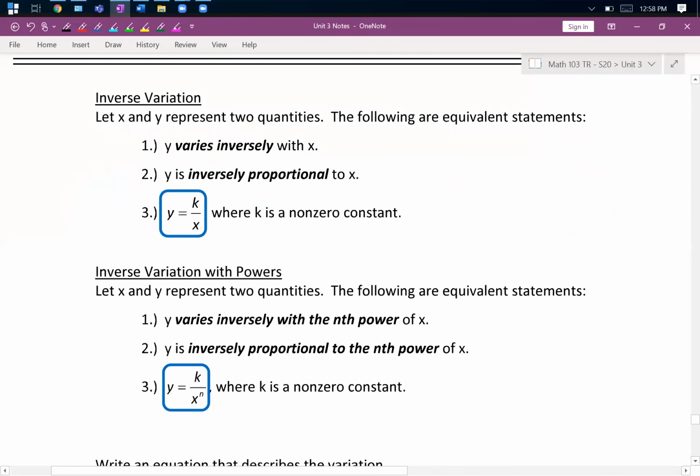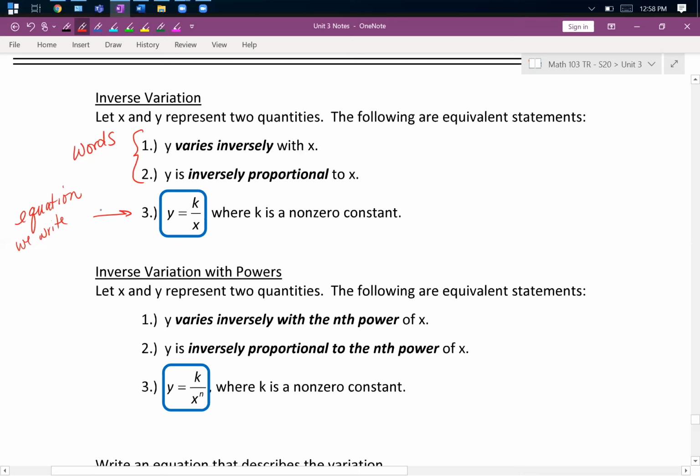Next up, we have inverse variation. So again, we're going to let x and y represent two quantities, and then the following statements are equivalent. These first two statements are the words that we're going to see in the problem, and then the third, just like before, is the equation that we're going to write.